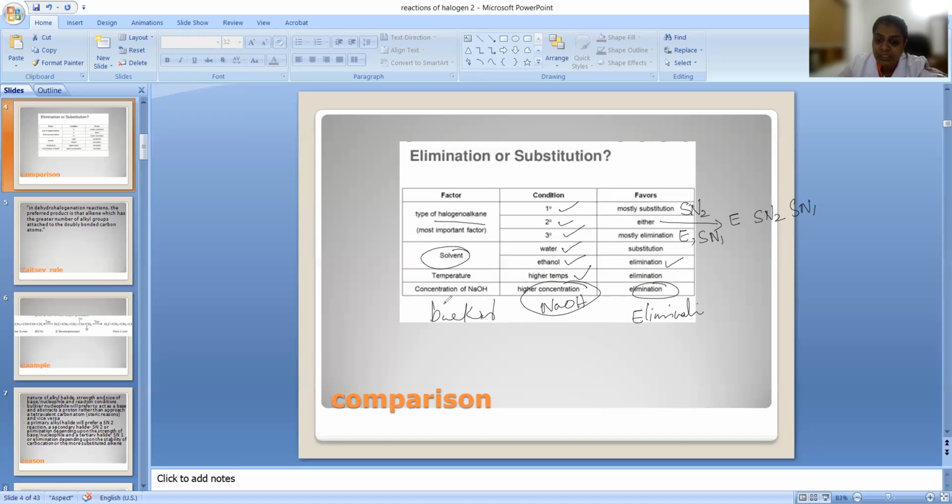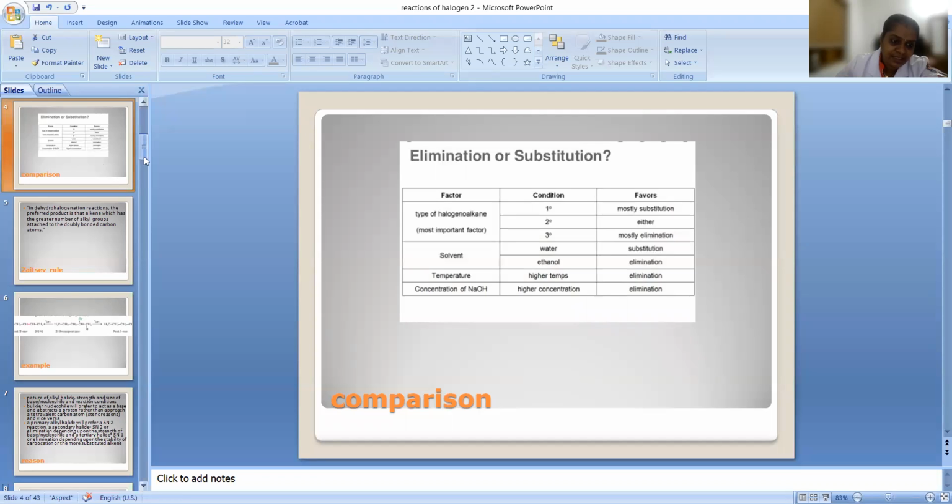So the possibility of forming an elimination product is greater, because with a bulkier nucleophile or reagent, the base will easily abstract the H plus ion. So the elimination reaction is more prone compared to the substitution reaction. Okay.